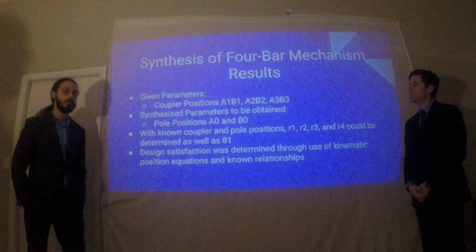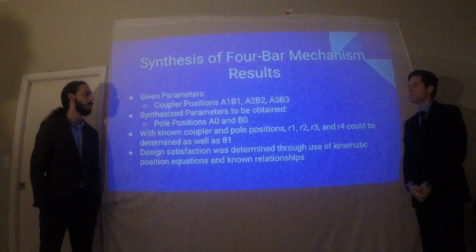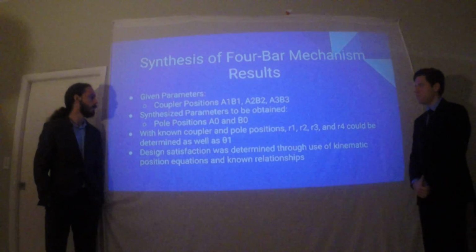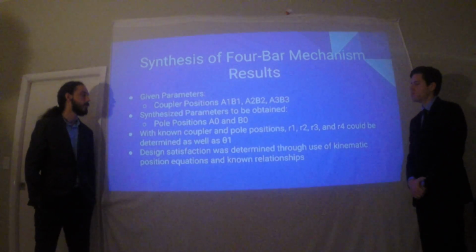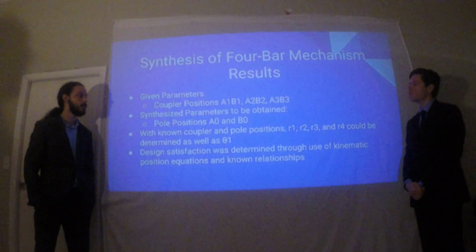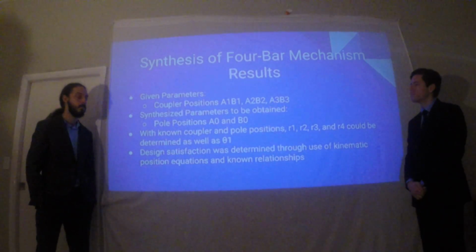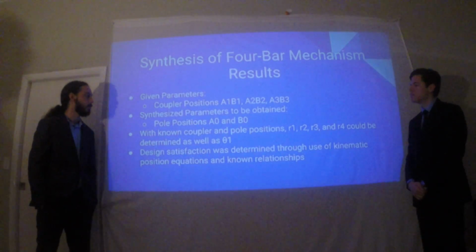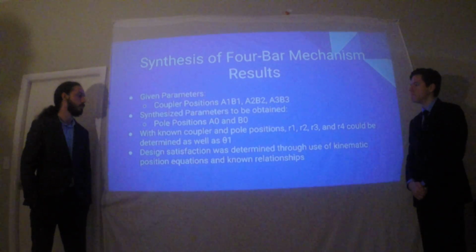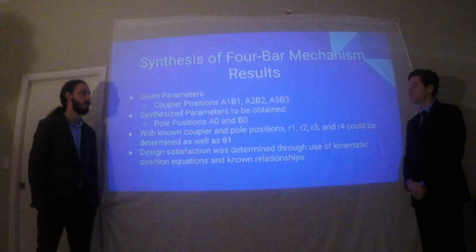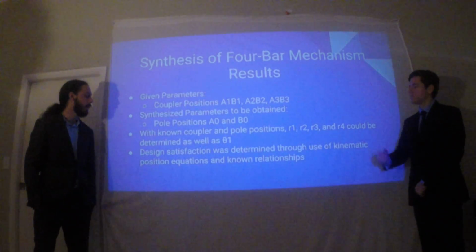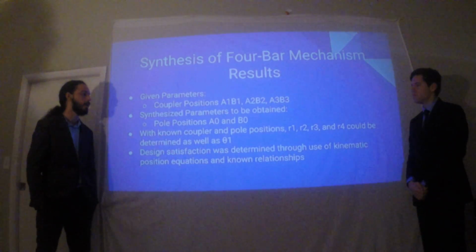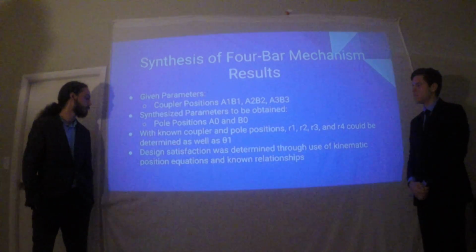For the 4-bar synthesis, we were given 3 positions, A1, B1, A2, B2, and A3, B3 for the coupler to pass through. To finalize the synthesis, we needed to find the pole positions, A0 and B0. To do this, we used the pole position equations, and we found the values. With those values, we were able to determine the link lengths R1, R2, R3, and R4, as well as theta 1, which is the displacement angle of link length R1.